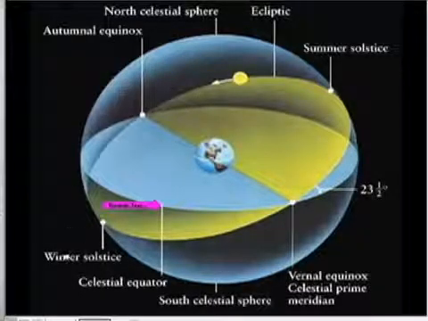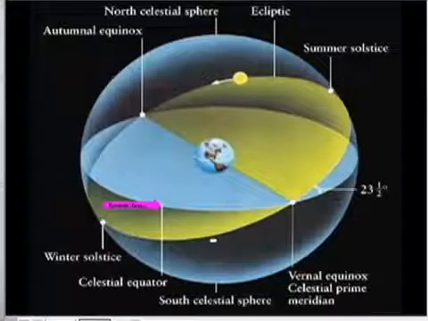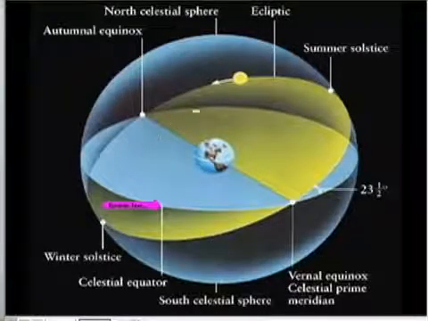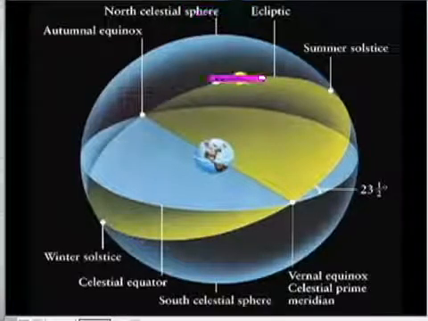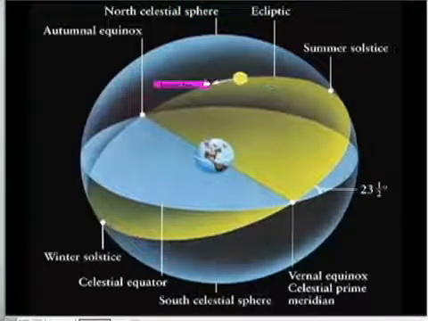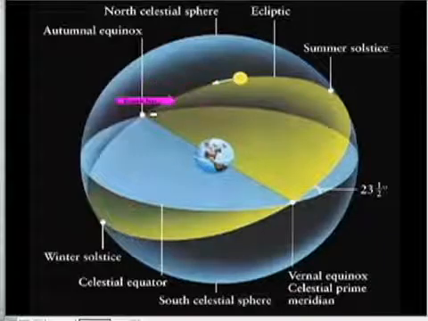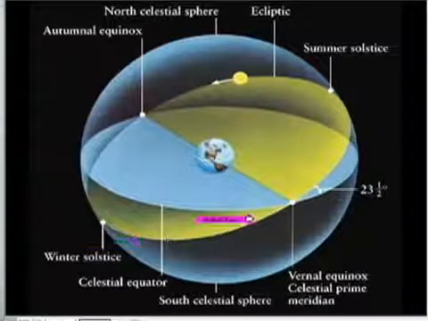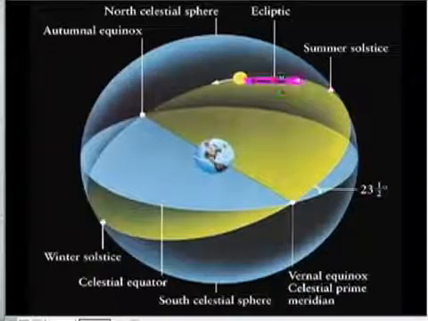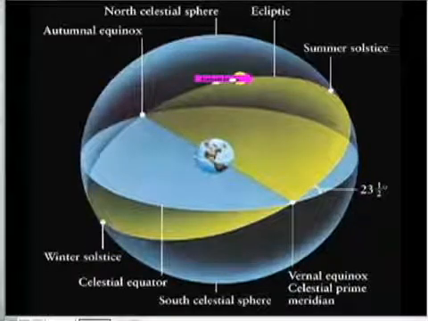And the ecliptic is labeled here. And then the sun is going around every year. The sun takes 1 year to move around the ecliptic from our point of view.